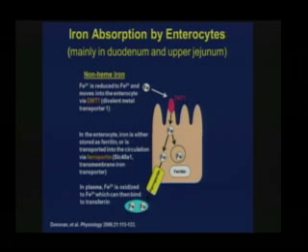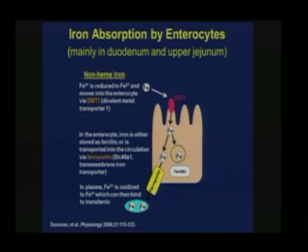So let's talk for a few minutes about what transport processes are involved. So talking about iron absorption from the small intestine, namely the duodenum and the upper jejunum, and we're going to talk about non-heme iron. So iron 3 is reduced in the alkaline medium of the upper intestine to iron 2, and then can enter into the enterocyte by means of this transporter at the apical membrane of the cell called DMT1, divalent metal transporter.